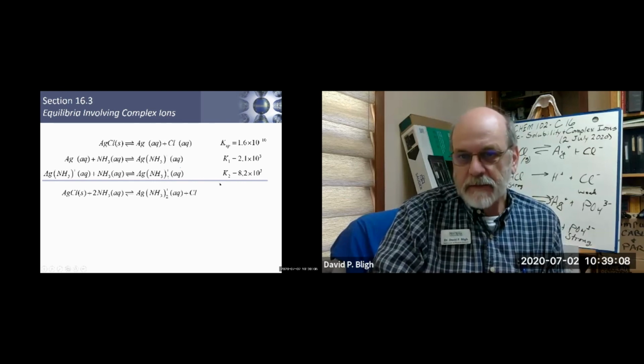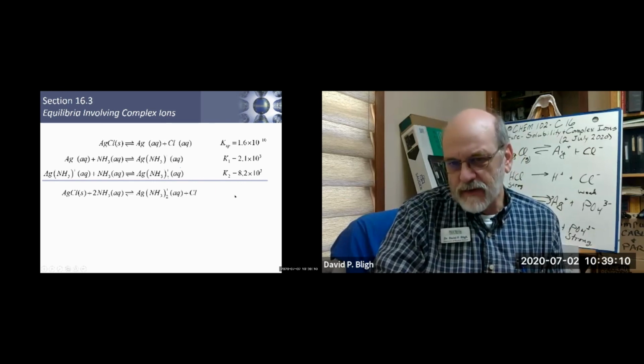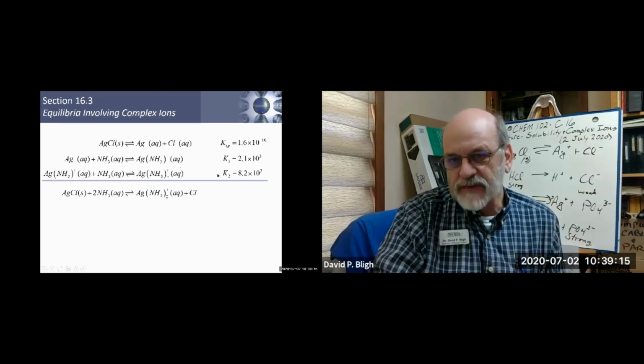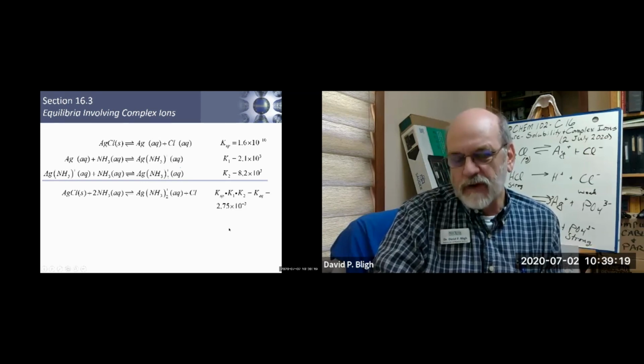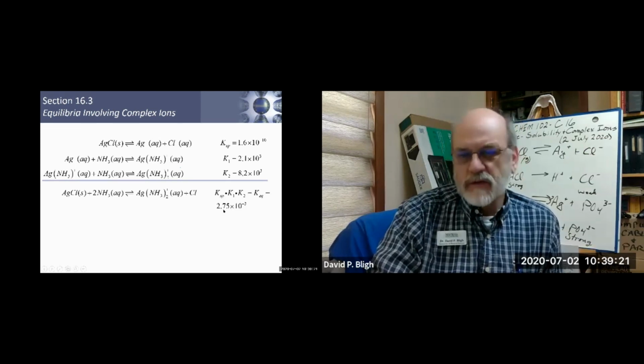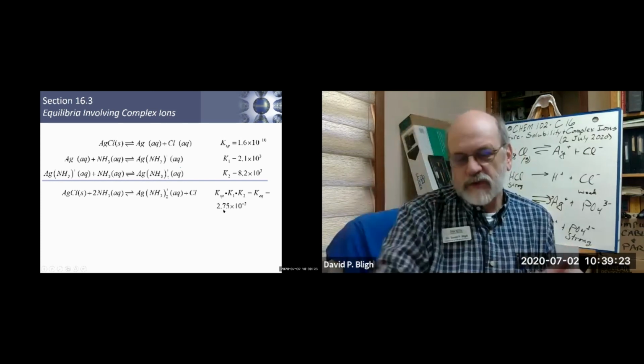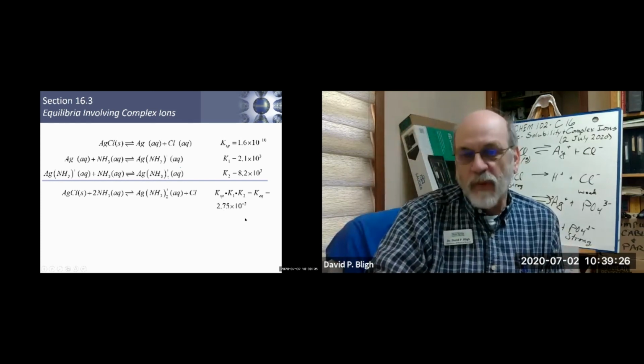Sal explained it. But when you add these together, instead of adding his composite with this one, if you add them individually, you get a slightly different number. His was 2.9, ours is 2.75, which is not far apart.